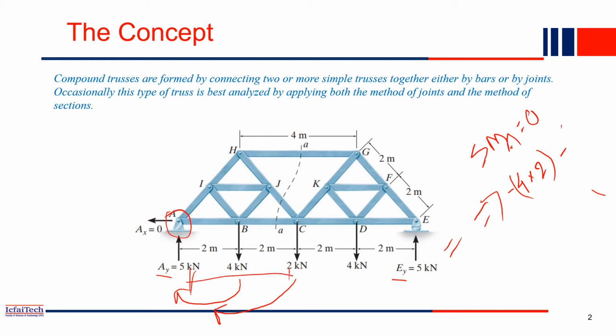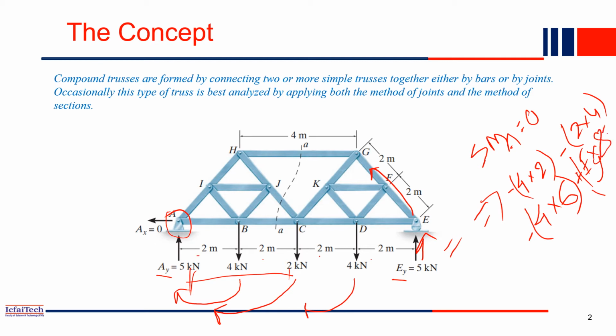So again you have minus 2 into 4, right? And then you have the other 4, which is also clockwise, meaning negative 4 into the distance, which is 6. And then you have the support reaction EY, acting in this direction, anti-clockwise, so positive EY into the distance, which is 8, that is 2 plus 2 plus 2 plus 2, equal to 0.